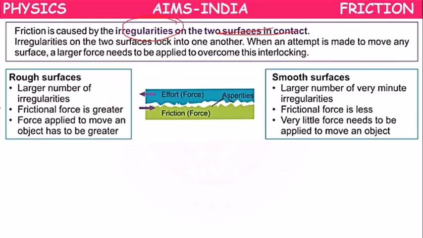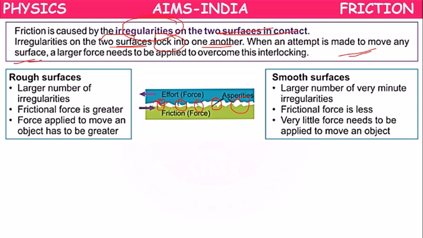So these two sets of irregularities lock into one another when an attempt is made to move any surface. This curved part gets locked with this part. Two irregularities between the two surfaces will get locked.